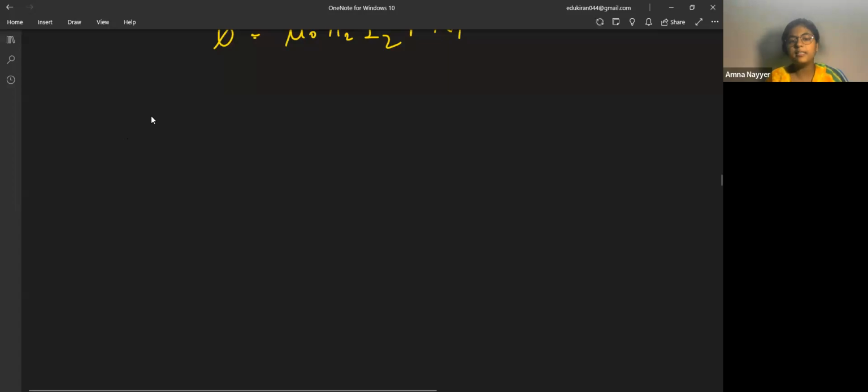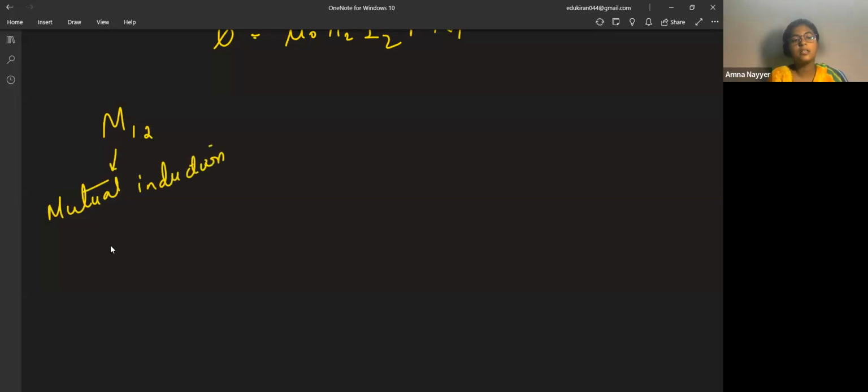B1 will be considered. So that's why we have to be specific. Like if I am writing M12, this is mutual induction of first with respect to second.